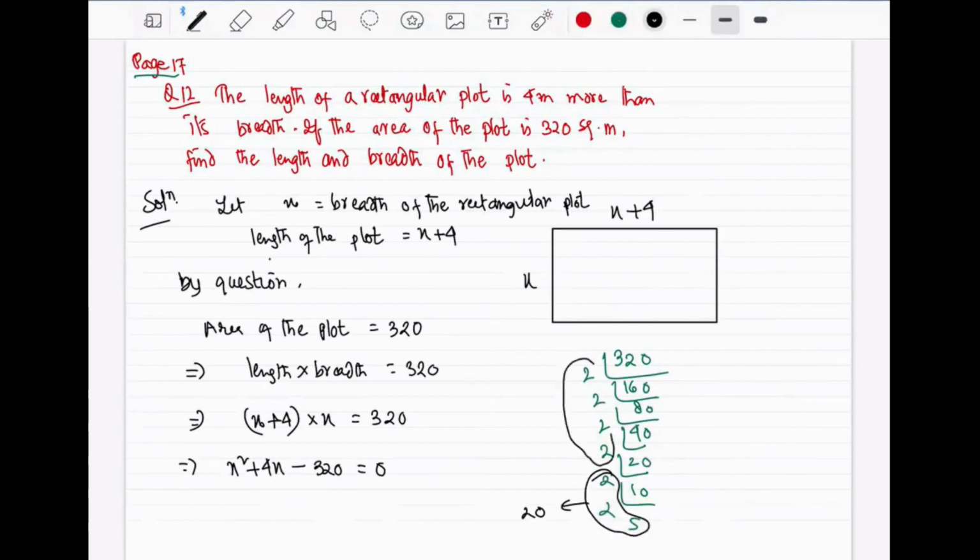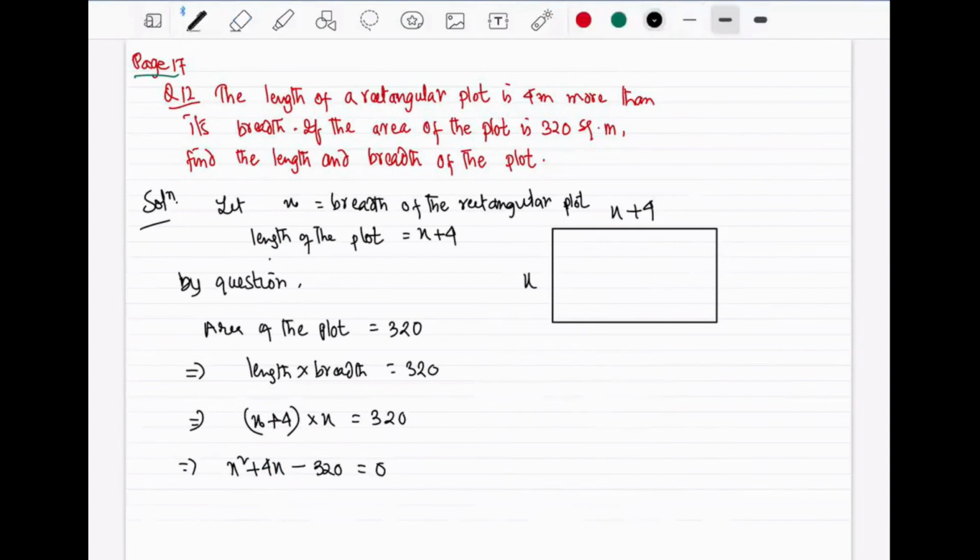Multiply the rest: 2 multiplied 4 times, we get 16, right? So 20 and 16, when you multiply, you get 320. When you subtract these two, 20 minus 16 is 4, right? So we are going to replace the 4 here. We are going to split it into 20 and 16. This implies that x squared plus 20x minus 16x minus 320 is equal to 0.